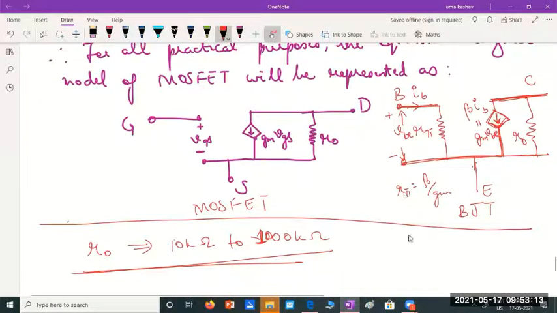In a BJT, this R naught will be somewhere between say 30K to 70K. Okay. So generally this is the representation of the small signal equivalent model for MOSFET and the small signal equivalent model for BJT.